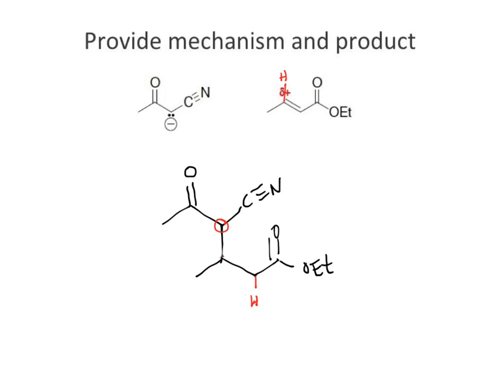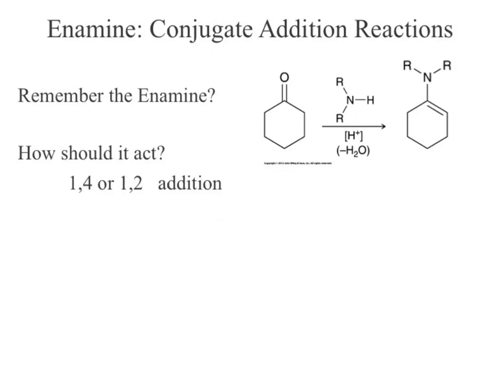That may look like a 1,2, but remember, you're officially picking up the hydrogen on your enol first. Okay? Did you have the same question? Oh, good. Other questions on that, now that I moved forward?